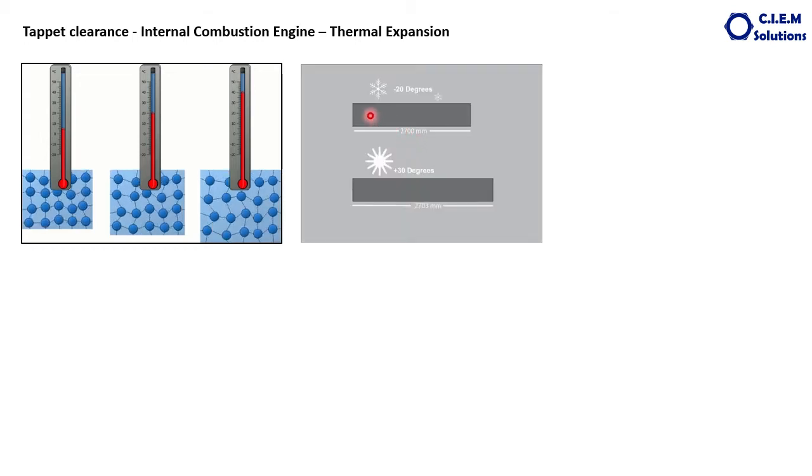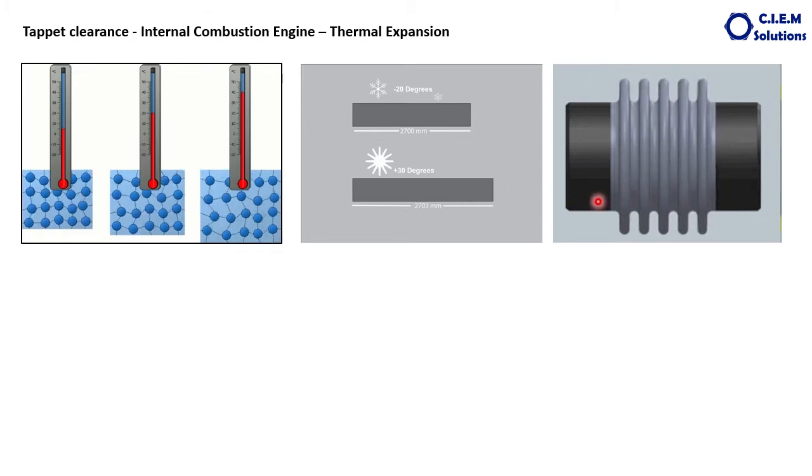Let us consider this horizontal one is a metal bar, which is 2700 millimeters at minus 20 degrees, and the same is heated to plus 30 degrees, that is a temperature increase by 50 degrees, and the change in the length is plus 3 mm. The 2700 millimeter bar has expanded to 2703 for this particular material or metal.